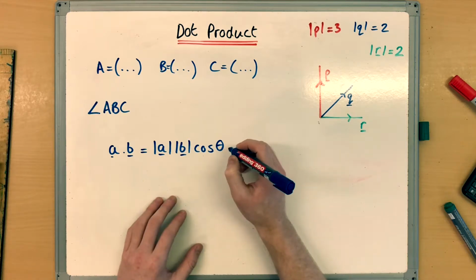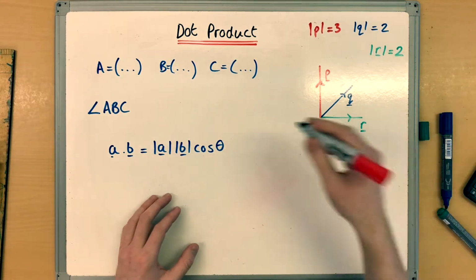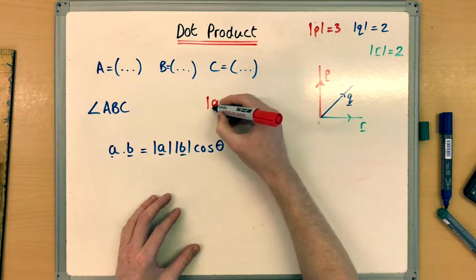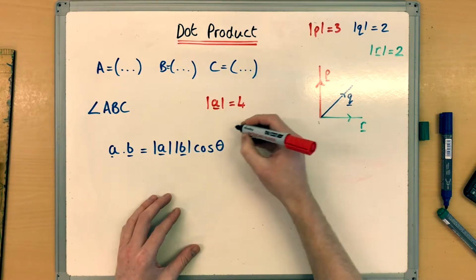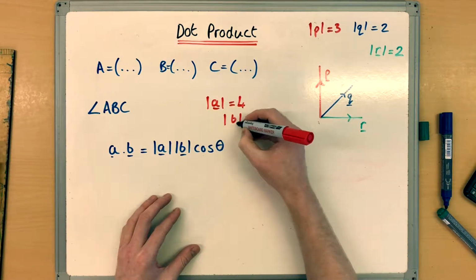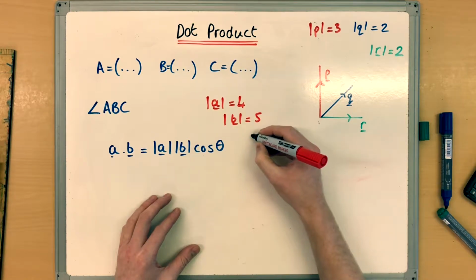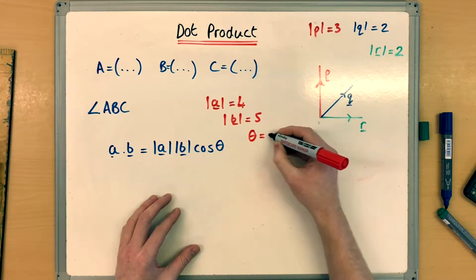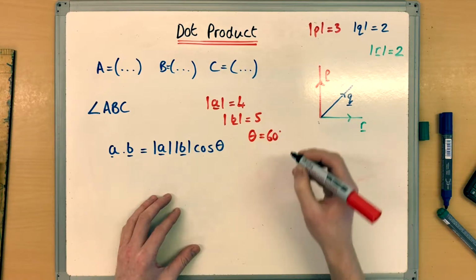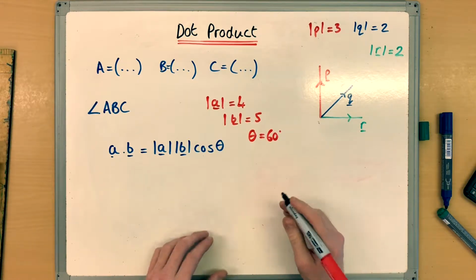So for example, if the magnitude of a is 4, the magnitude of b is 5, and the angle between them is, let's say, 60 degrees, then I can just put all those values in here and get my answer.